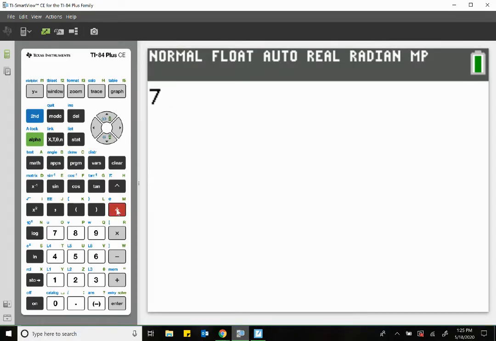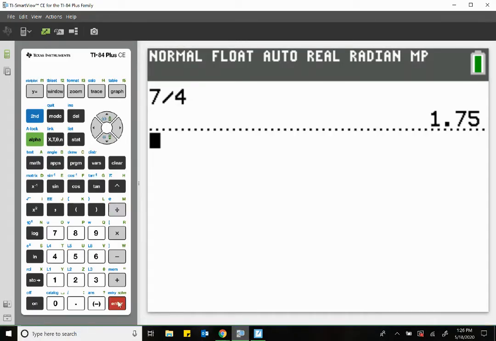Divided by 4. And you're going to tell me, Mr. Armstrong, the answer is 1.75. And I'm going to say, that is absolutely not correct. Welcome to college, where we love our answers as fractions. So unless told otherwise, in the end, your answer needs to be a fraction.